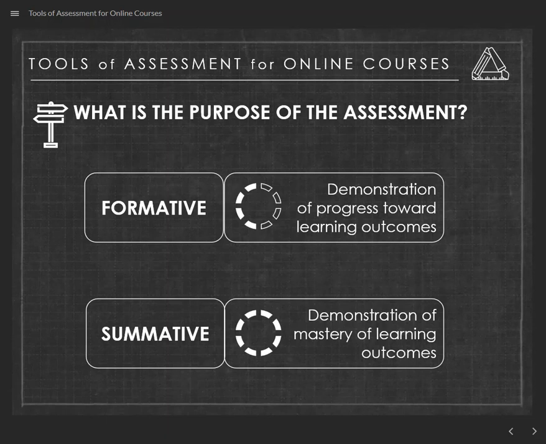So when we think about assignments in our courses, any type of assignment is a potential assessment, right? So when we use the word assignment, we can think about learning activities, such as discussion boards or exams or quizzes. So any type of assignment could potentially be an assessment. When we think about formative, it's part of that instructional sequence.